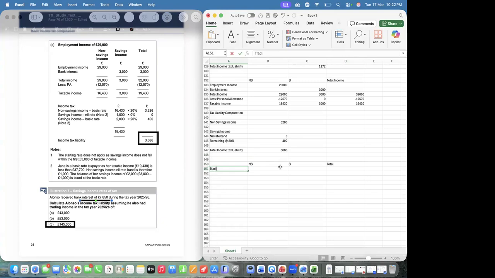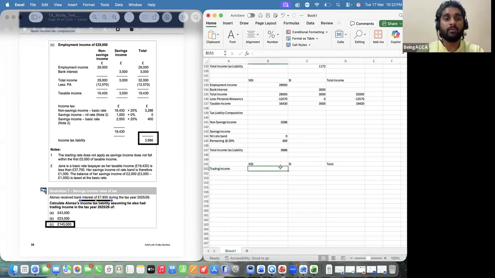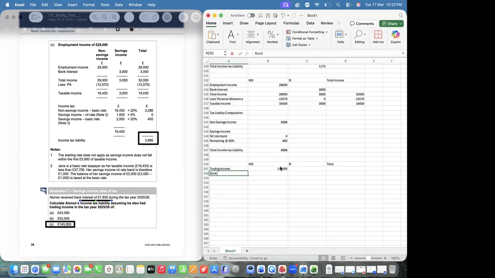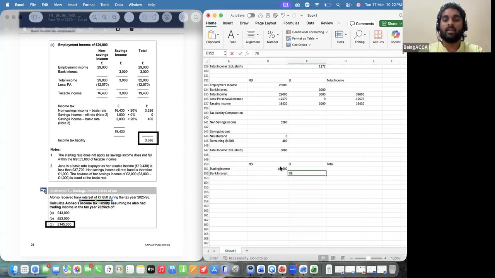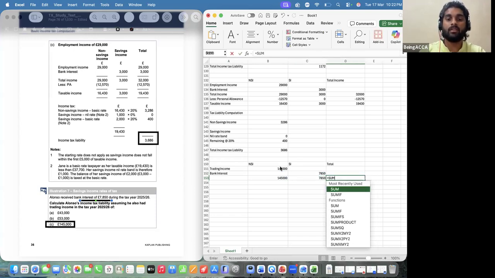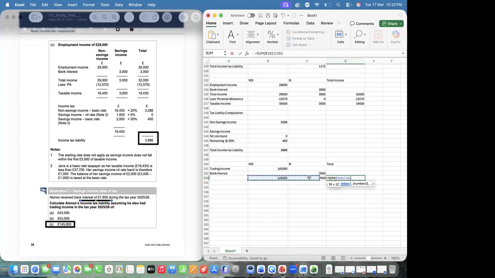Non-savings income would be 145,000 and bank interest would be 7,850. So the total is the sum of these.